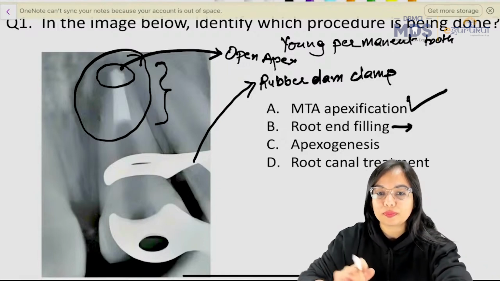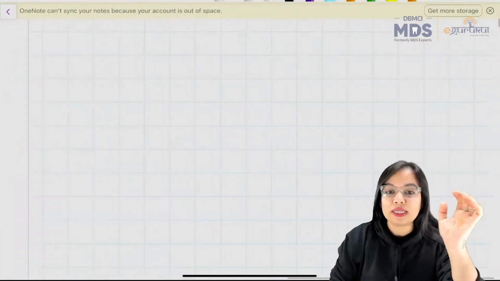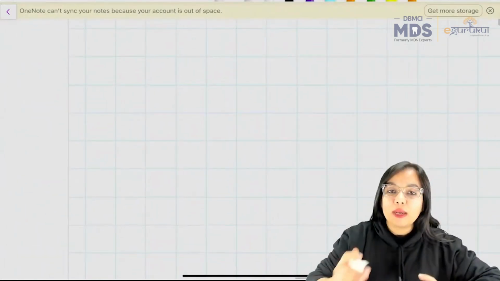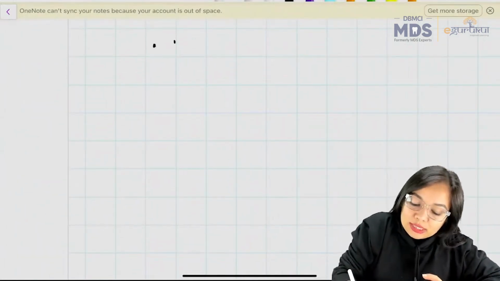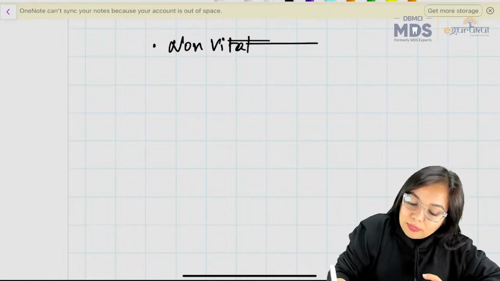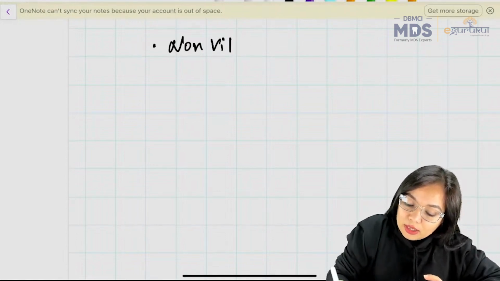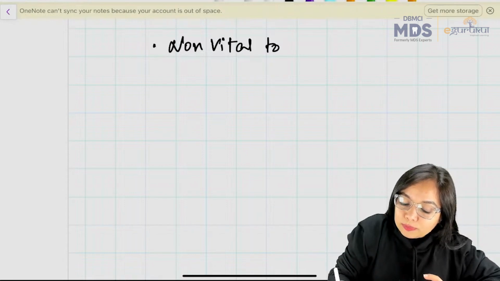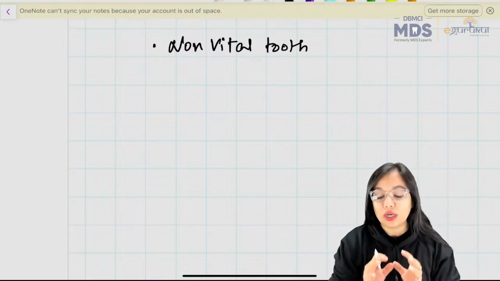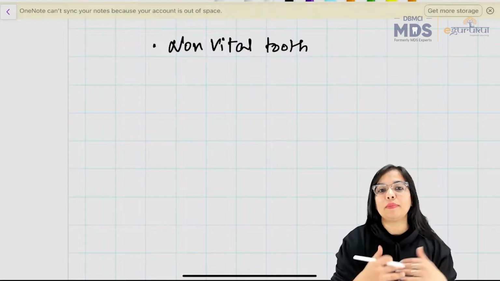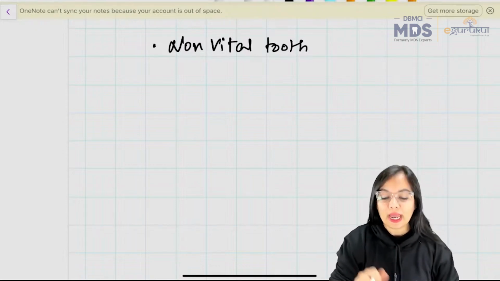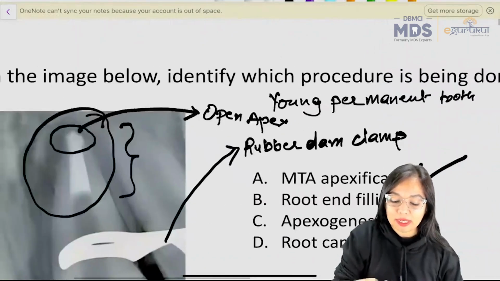So now, since the tooth is a non-vital tooth, you can safely say by looking at the picture that the tooth that has been given is a non-vital tooth, because the entire canal of the root seems to be empty. That means there is no vitality in that tooth. It is a non-vital tooth, and it is associated with a periapical lesion.